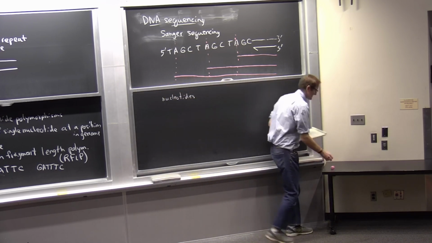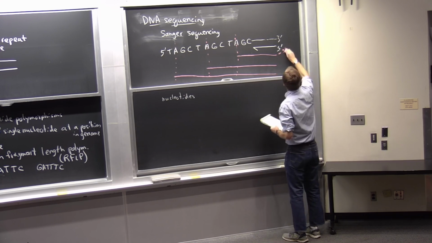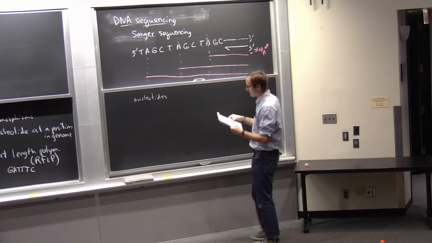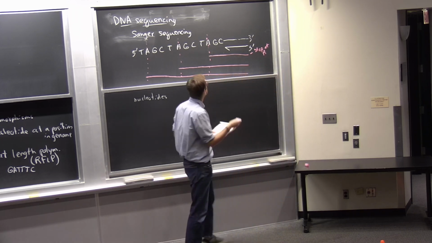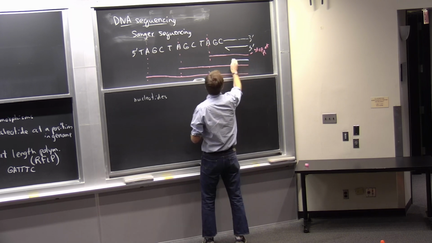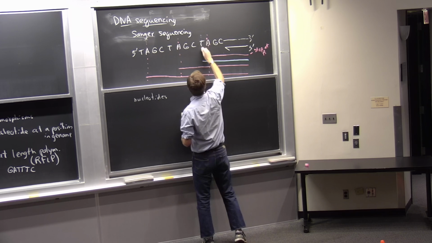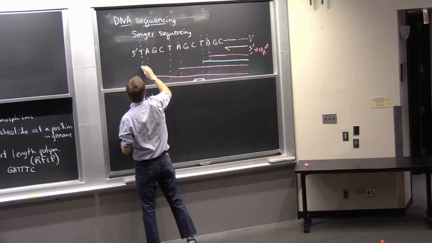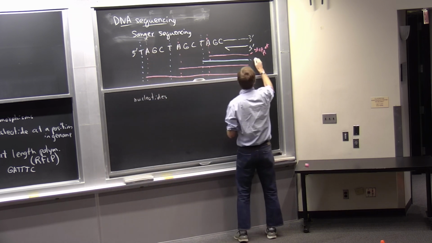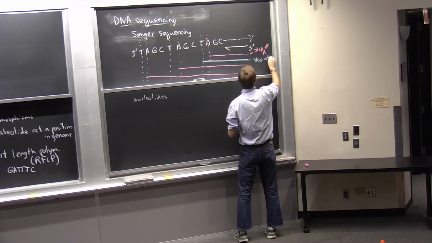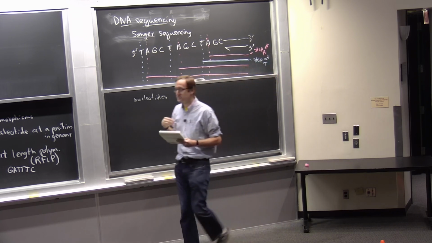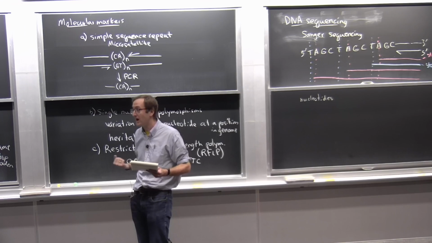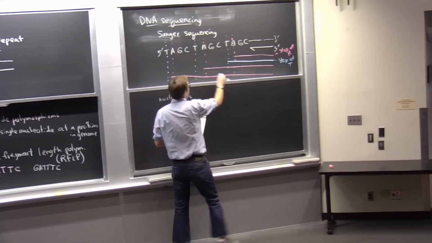Now let's consider another possibility. So pink here is stop at A. And in blue, I'm going to draw what would happen if it stopped at T. Okay, so they all start from the same place. If it stopped at T, it would just stop one nucleotide beyond this A in this simple sequence. Okay, so in blue here, this is stop at T. Okay, but if it's just a possibility it stops, then some of the polymerases could go beyond this T and go to the next T and stop here.